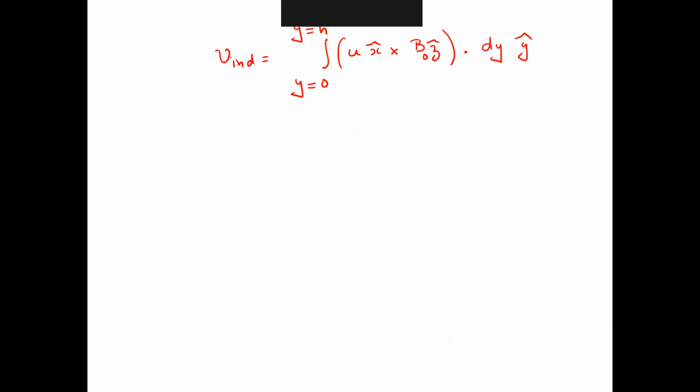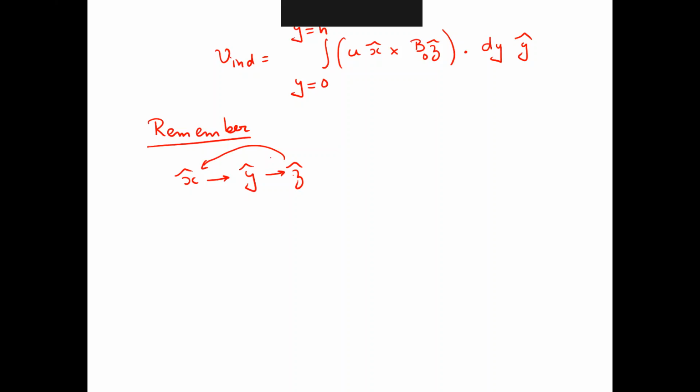Now remember again, for cross products, if you're in the Cartesian coordinate system, you can go very simply: x cross y will give me z, y cross z will give me x, z cross x will give me y.